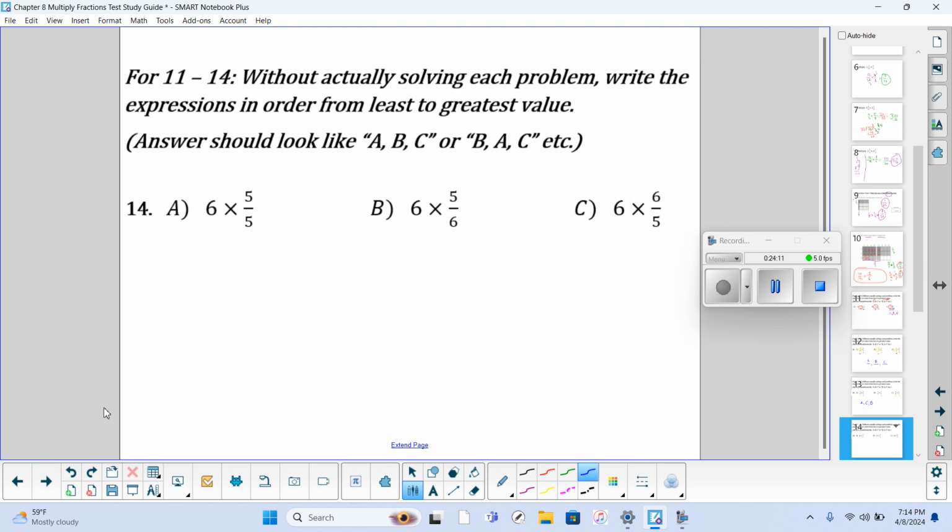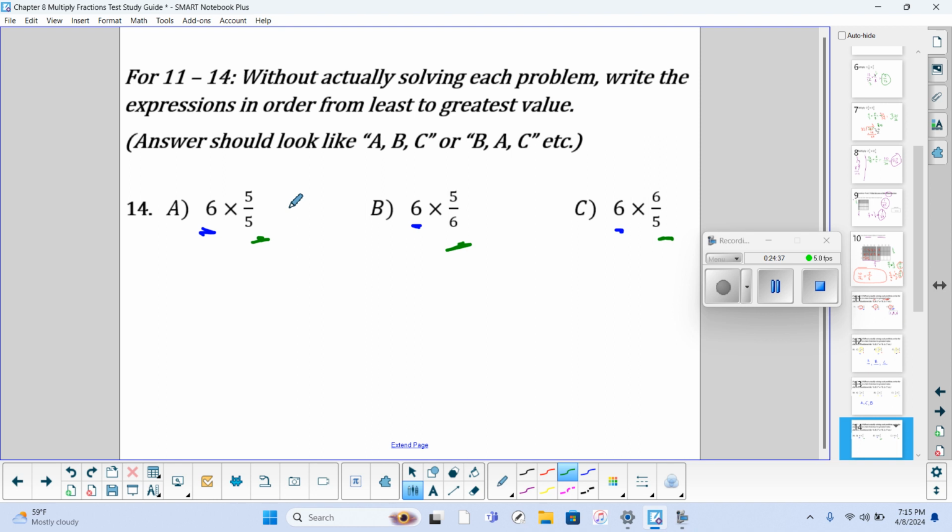Finally, for this section, we are multiplying 6 in all three cases. We're multiplying it by 5 over 5, which is just 1. We're multiplying it by 5 over 6, which is a number less than 1. And we're multiplying by 6 over 5, which is a number greater than 1. All right, so 6 is in common for all of them.